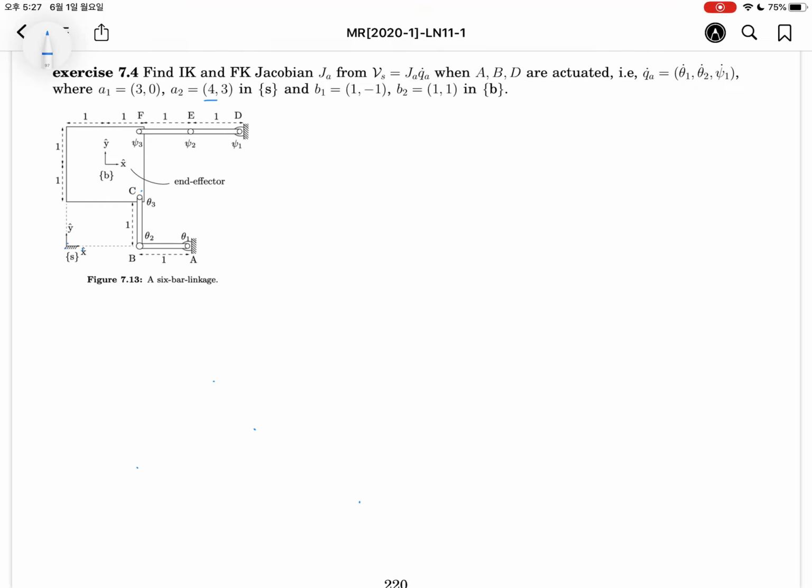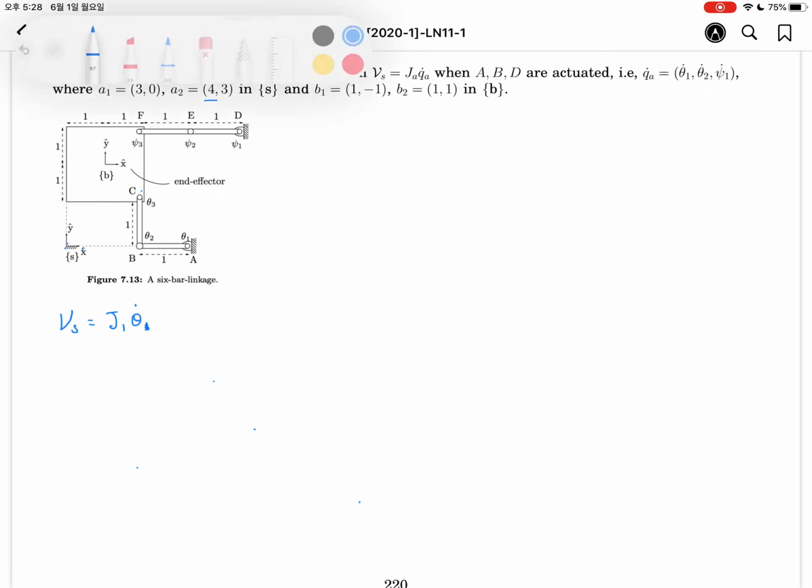As shown in exercise 7.1, we have the twist equation. For this computation, we have two twist equations: the twist S will be equal to J1 theta dot. Theta dot is composed of three elements, theta 1 dot, theta 2 dot, and theta 3 dot. I'm sorry, this is theta dot, to avoid confusion of notation.